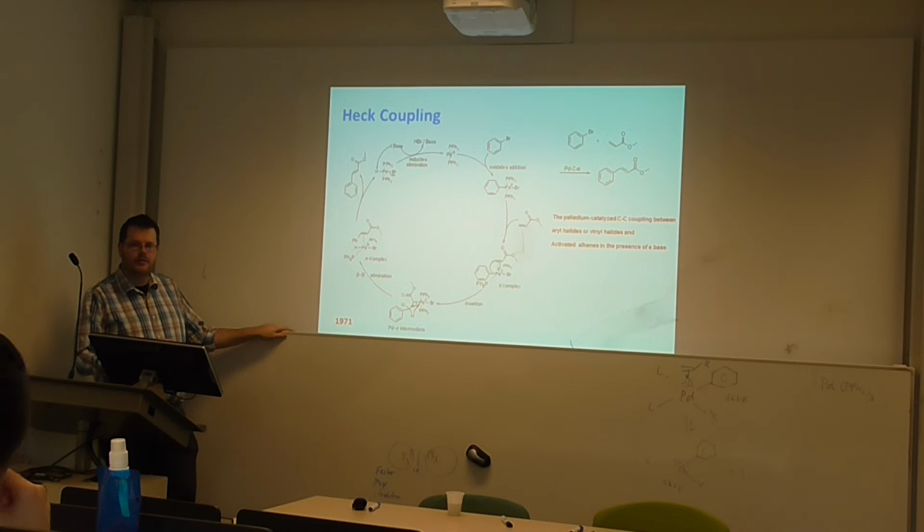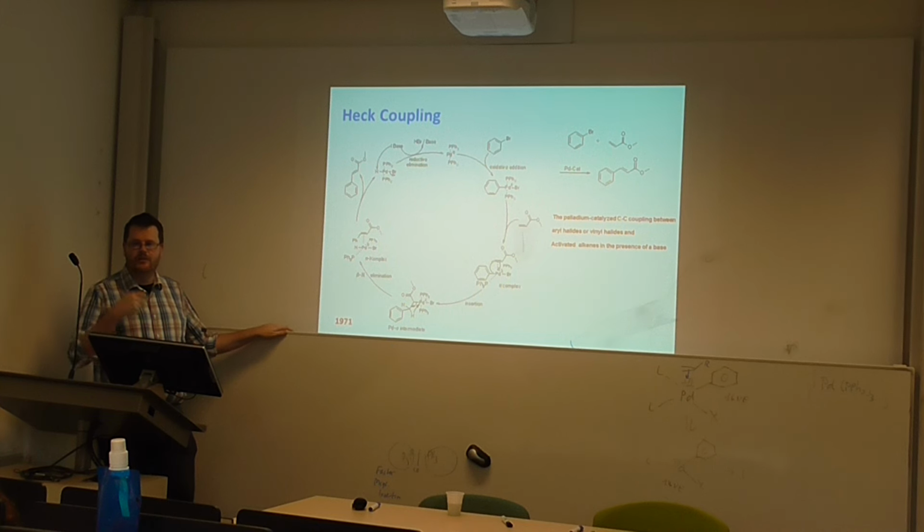Is 18 a good number? Yes, the 18 valence electron rule. So that's possible as an intermediate. If the phosphine were to dissociate, we'd have how many valence electrons? 16. It would be an even hotter potato, and the reaction would probably go faster. But anyway, this is a reasonable intermediate, and there is experimental evidence for it.